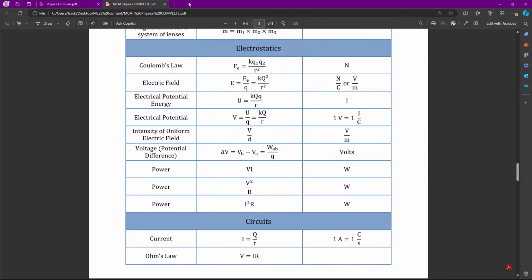Electrostatics, Coulomb's law, K times Q1 times Q2 over R squared, where electric field equals force divided by charge, because it's newtons per coulomb.